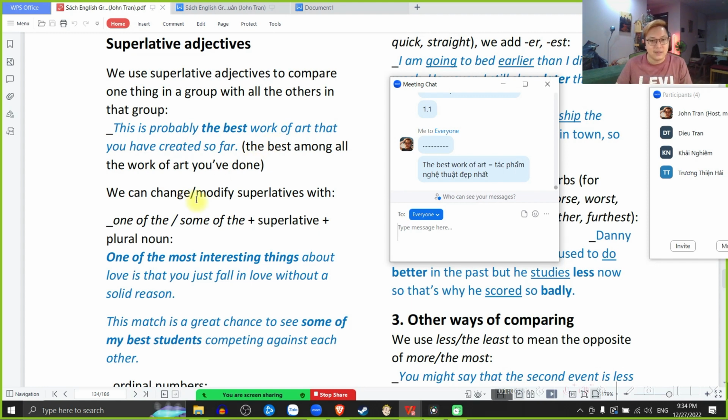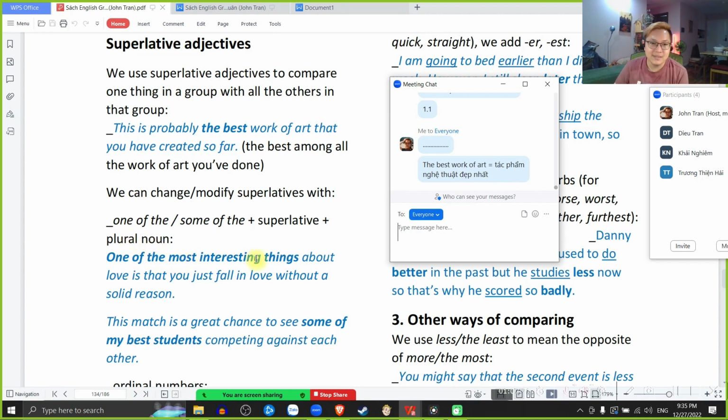Chúng ta có thể modify, thay đổi những cái tính từ so sánh nhất với cái gì? One of the, một trong những gì đó, hoặc là some of the, một số trong những gì đó, plus tính từ so sánh nhất, cộng với danh từ số nhiều. Một trong những thì đương nhiên những là số nhiều rồi.